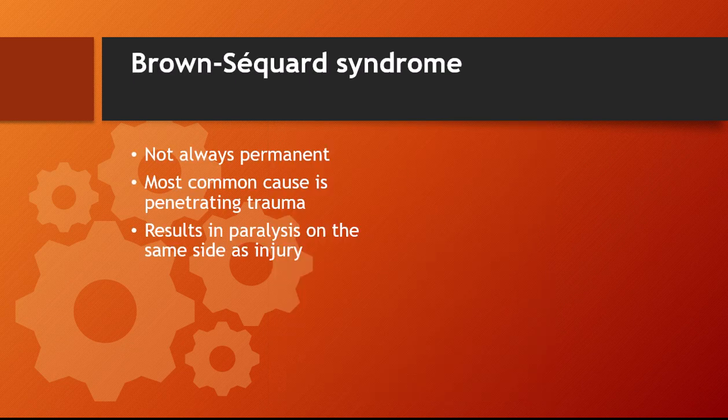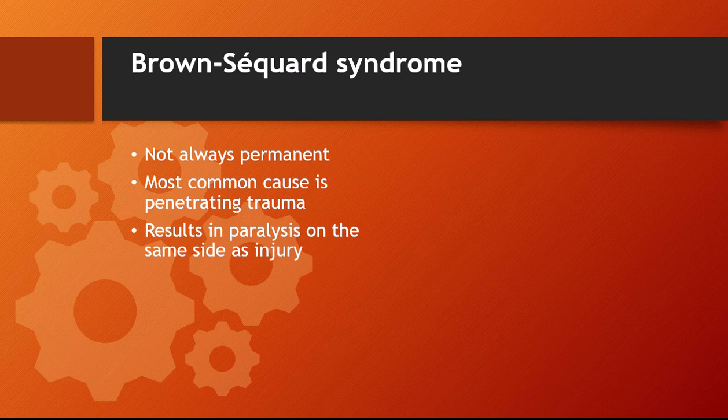All right. Brown-Séquard, okay? Brown-Séquard is caused by an injury to the spinal cord itself that could come about as a result of either trauma or some type of a tumor or a blood clot, okay? We also see this type of situation in patients that have long-term untreated tuberculosis.